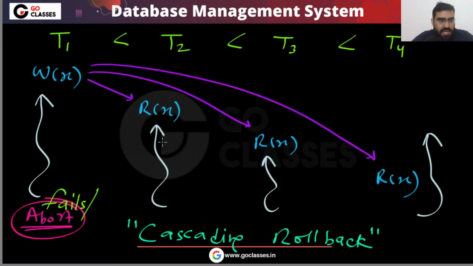In this question, if T1 fails because of any reason, then T1 must roll back. Consider this scenario: T2 is reading from T1, T3 is reading from T1, T4 is reading from T1. Every transaction is reading from T1. So if T1 fails, then T2, T3 and T4 all should roll back.